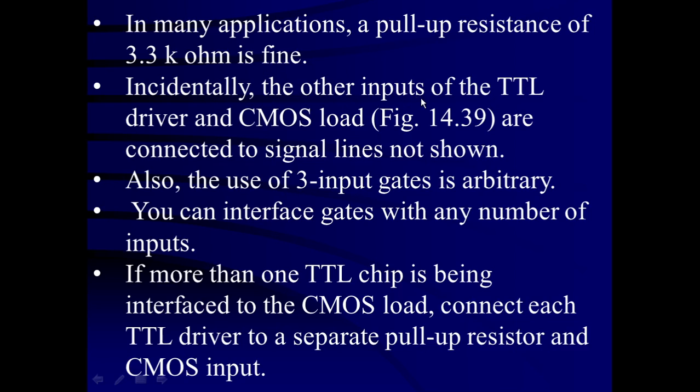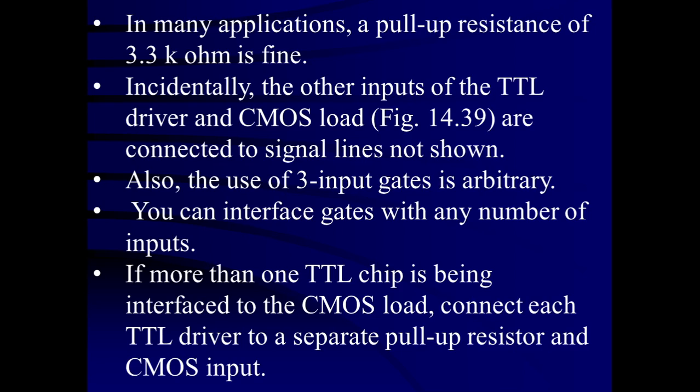Incidentally, the other inputs of the TTL driver and CMOS load are connected to signal lines, which are not shown here. So in the circuit there is a 3-input TTL and a 3-input CMOS.